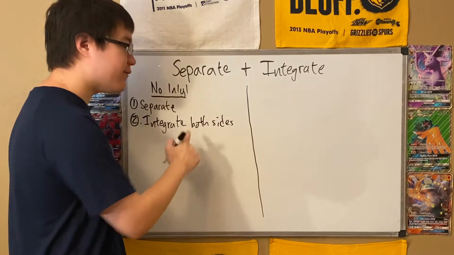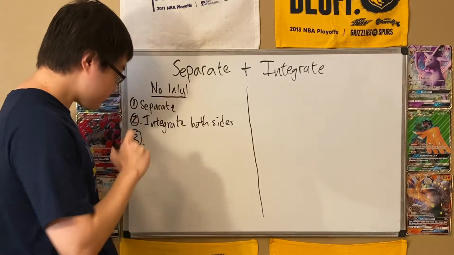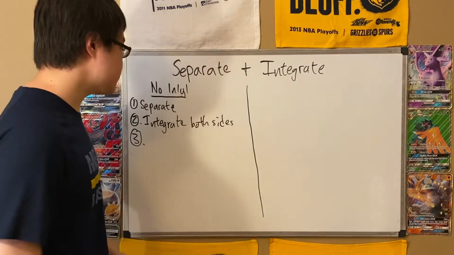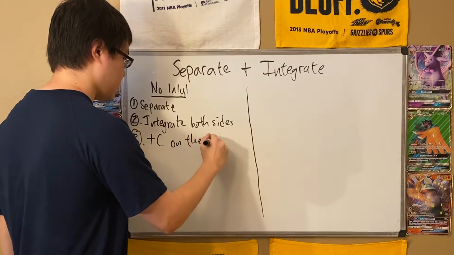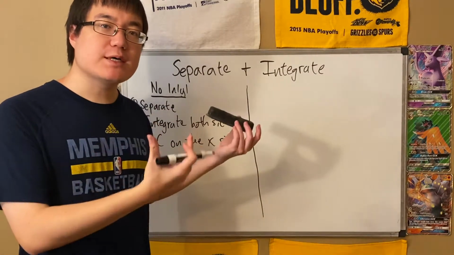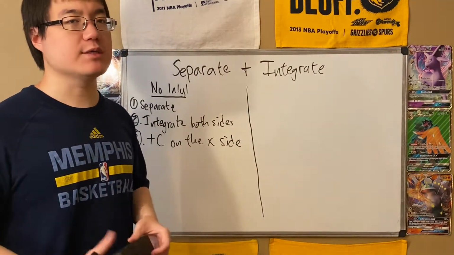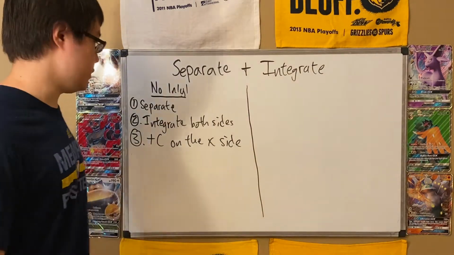Keep in mind that we might have to use u-sub if necessary. The third step is, once you integrate both sides, remember the plus c on the x side. You don't have to have two plus c's because you can combine them into one plus c. I always keep it on my x side or my t side, whatever the independent variable is.